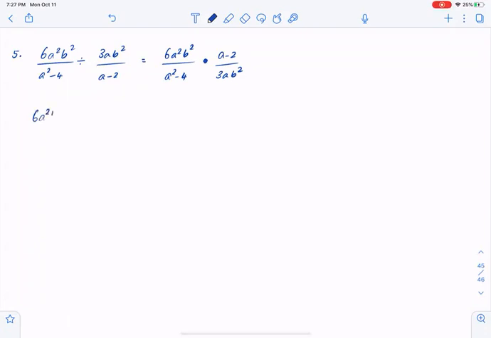So 6a squared b squared divided by a squared minus 4. There is nothing I could do about the numerator, so I'm going to leave that as is. The denominator, a squared minus 4, I could write it as a plus 2 times a minus 2.